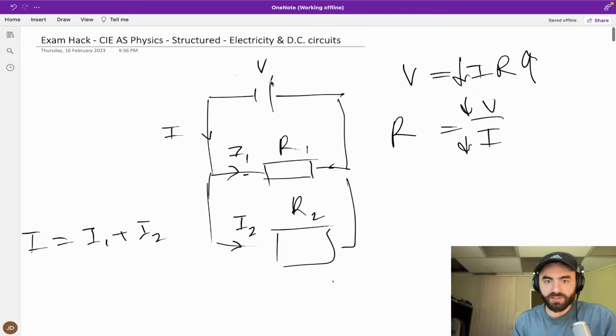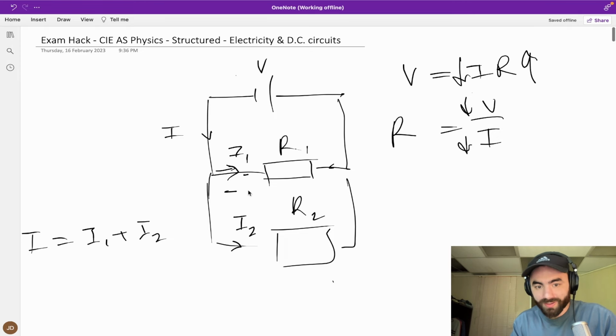The way to derive this is that you have to know that the potential difference across this resistor and the potential difference across this resistor are the same. There's no change in the voltage across either of these two branches. That's important to know, and it will help you with a lot of questions.